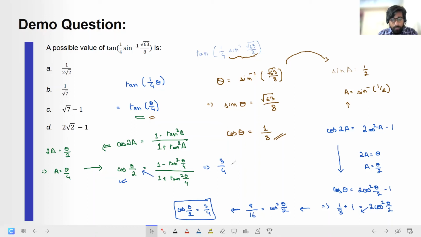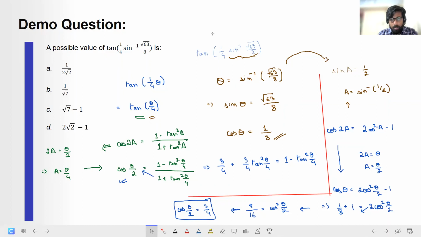I'll replace cos theta by 2 and then I'll cross multiply. So I get 3 by 4 plus 3 by 4 tan square theta by 4 is equal to 1 minus tan square theta by 4. This is what I get over here. Now what I need to do, I'll solve this further. Let's draw a line to separate it a bit.